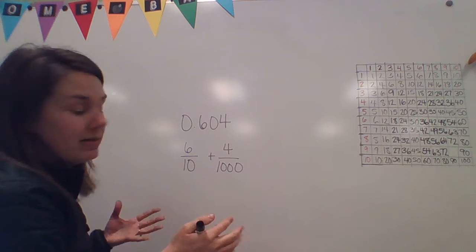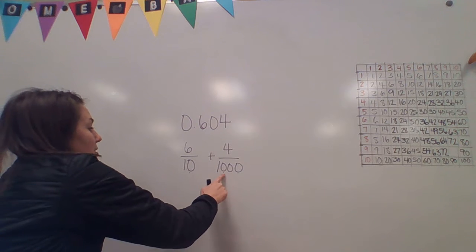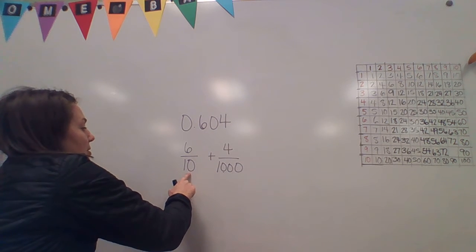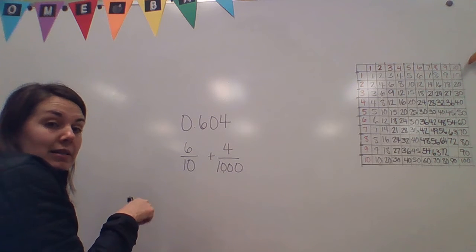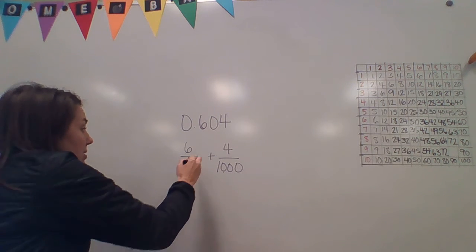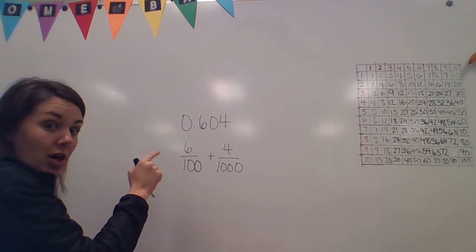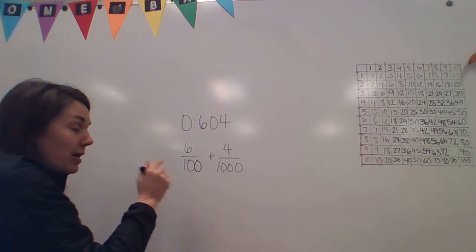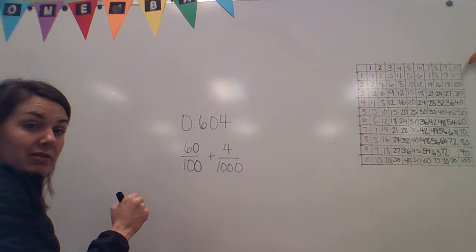If I were to add these, I need a common denominator. So to get to 1,000, what would I need to multiply 10 by? If I multiplied it by 10, then I would get 100. What I do to the bottom, I have to do to the top. Rules of fractions still apply. So that's multiplying it by 10. Now I have 60 hundredths.